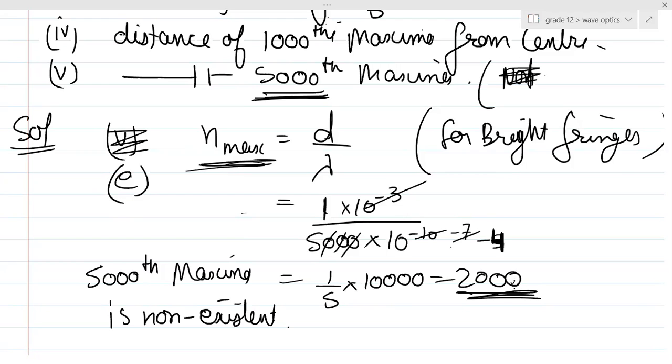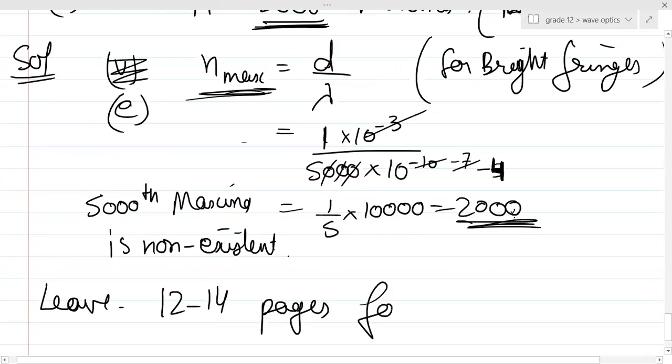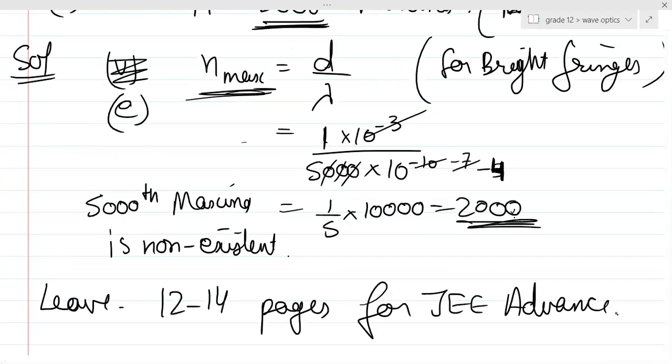So with this, leave 12 to 14 pages for JEE Advanced. Is it clear, guys? So with this, I'm done with the interference part. Now let's start with the diffraction part.